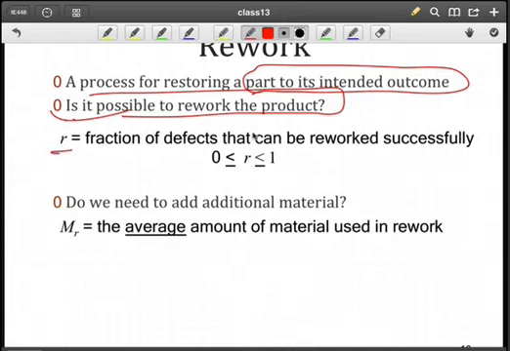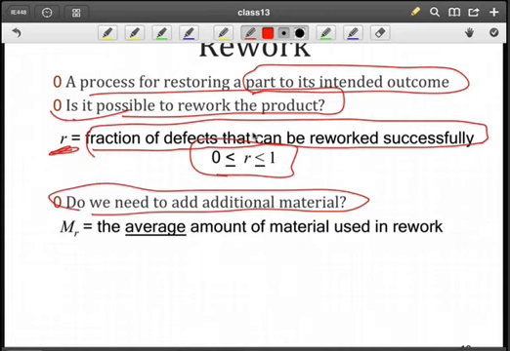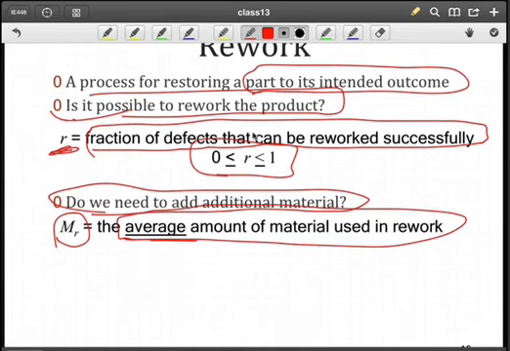Well, if we define R as the fraction of defective parts that can be reworked successfully, then we're going to have a number between 0 and 1. And we said in our material balance that we might have to add additional material. So M sub R will represent the average amount of material, because there could be some variation from part to part, that we might have to add during rework.